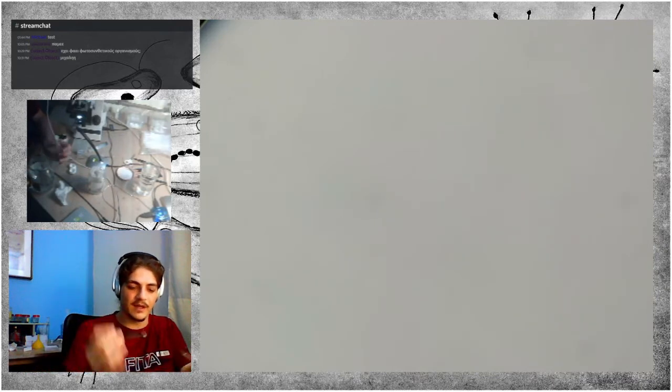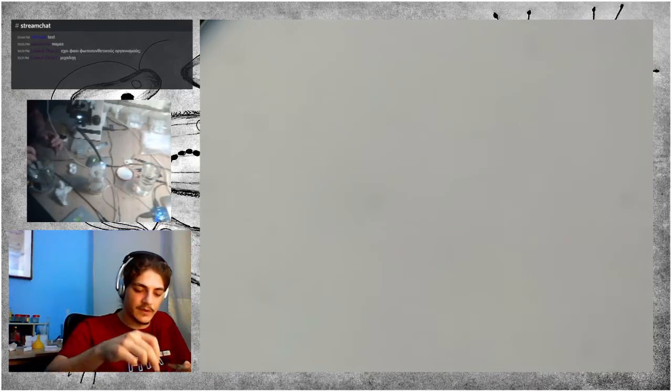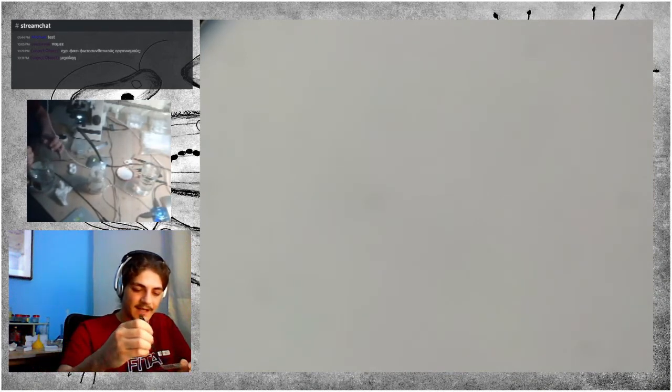You dip the tweezers into the jar of water, and you close them inside of the water, inside the jar.